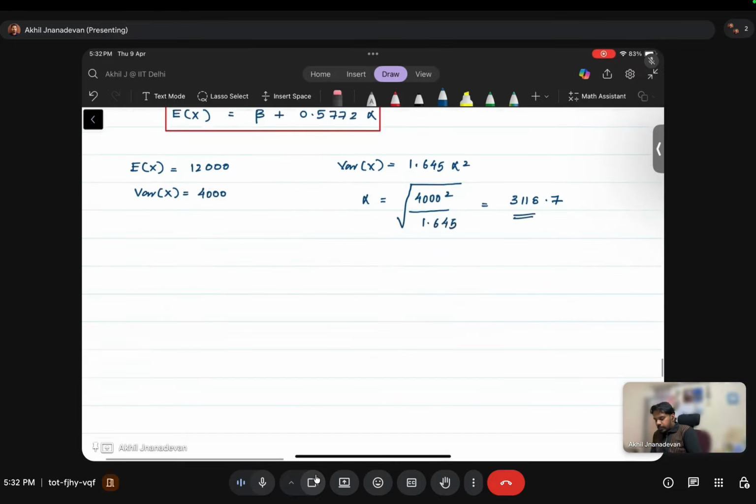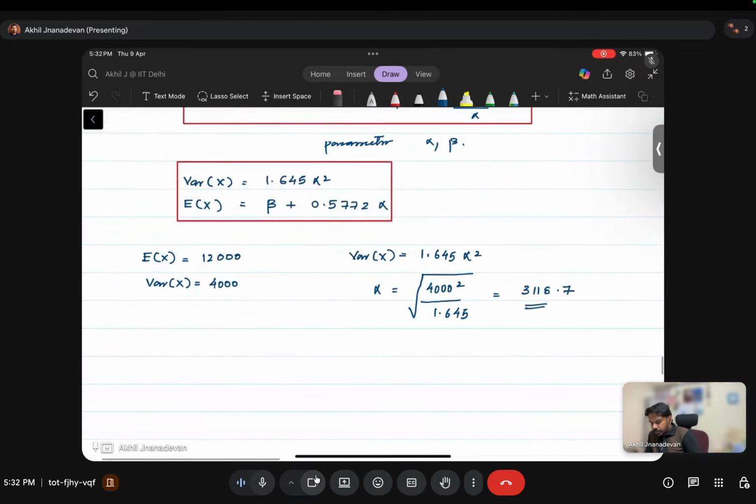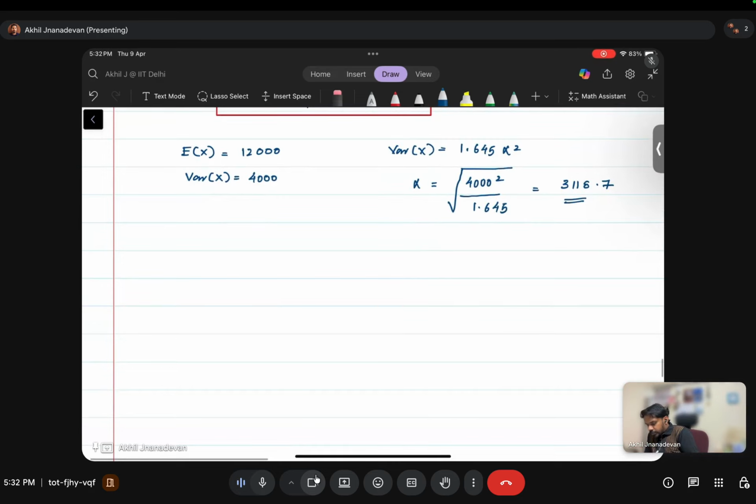So we got alpha. Now we can substitute to find beta. Expectation of x is equal to beta plus 0.5772 alpha.